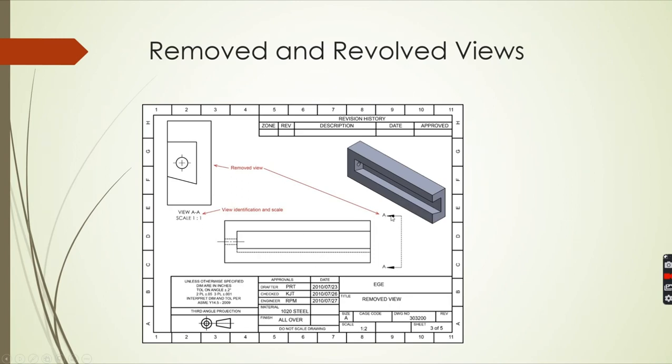So what we can do is take a section view and not section it, so we do not have to go through the part. We can create a section view out here, and then when we create it, we can move it and rotate it any way that we want. As long as we show this and label it, it's okay to do this. Now we don't do this very often, but we can.